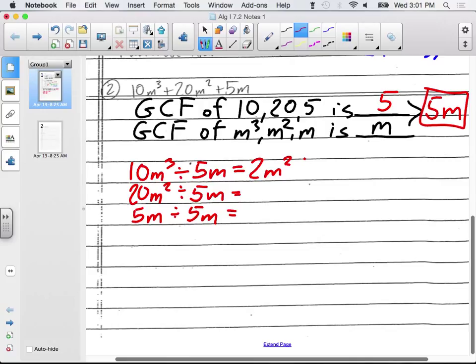Because 20 divided by 5 is? 4. M squared divided by m is? M. Then the next one, which is the most difficult part, Justin? 1. Because 5 divided by 5 is? 1. M divided by m is? 1. Anything divided by itself is? 1. So we took the greatest common factor out of each term from our original polynomial, so we are left with 2m squared plus 4m plus 1.